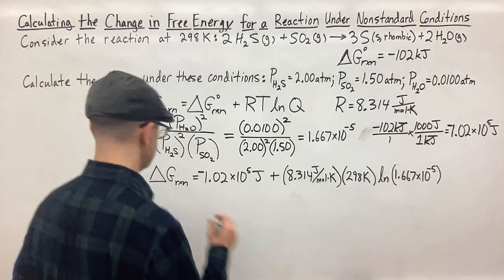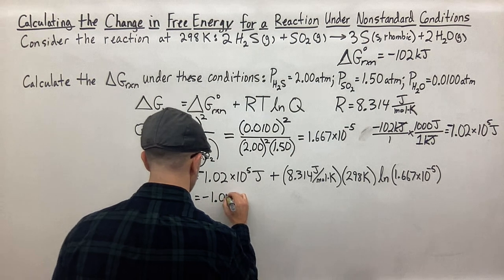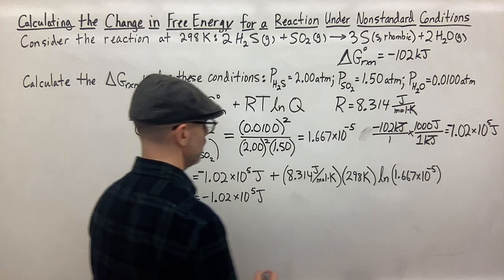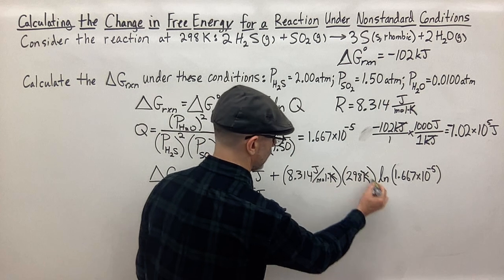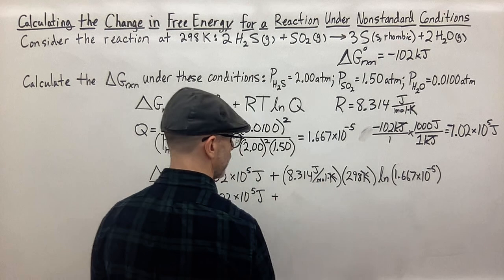And we get, so this is going to be equal to negative 1.02 times 10 to the 5th joules. Here, Kelvin cancels out. And so we'll ignore the per mole here.